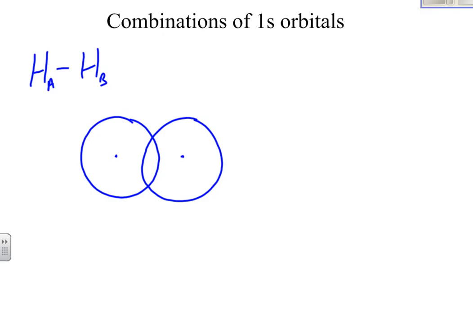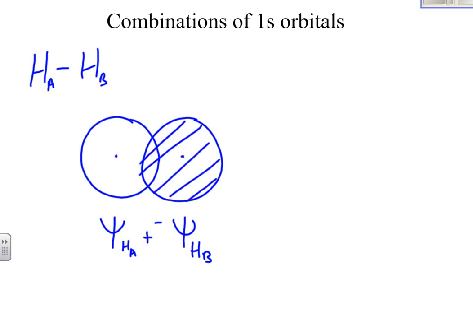So here, this would represent psi of hydrogen A plus the negative of psi of hydrogen B. So if we take the negative of it, that means that this one is going to have a negative phase. It's going to be out of phase.